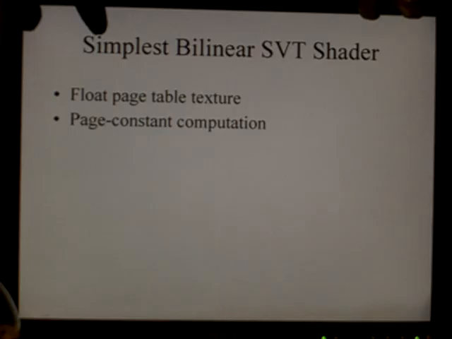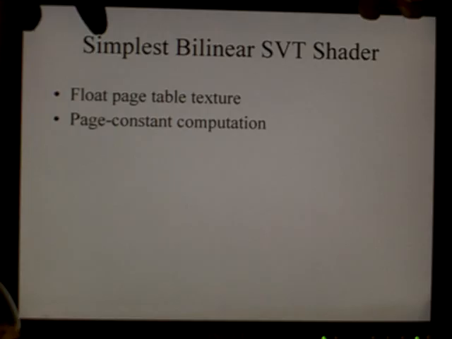You can do a simpler shader than this. This is something John Carmack mentioned to me in email. If you're willing to use a floating point page table texture, so your texels are floats, so your page entries have fairly arbitrary precision, you can do something that's a lot more precise and fold everything that's page constant, so that's the data you get out of the page table and all the data that's constant across the entire virtual texture.